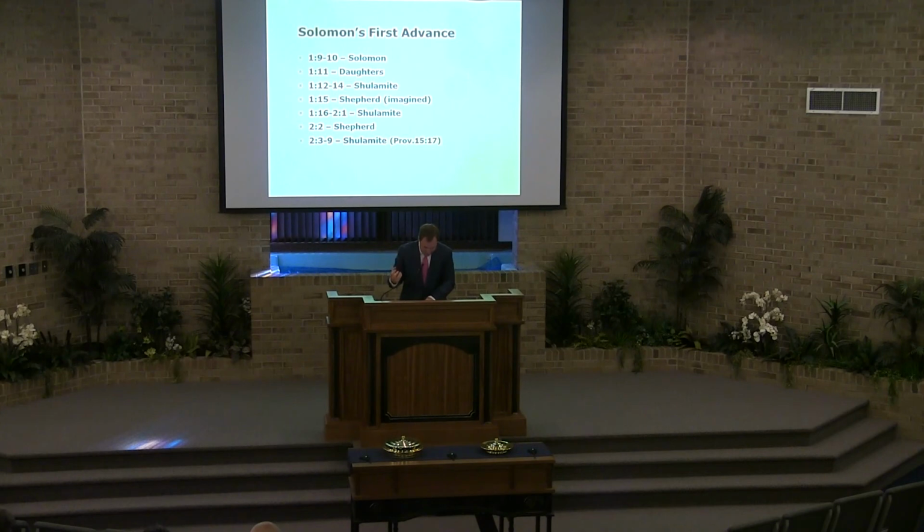Verse 4, "He has brought me to his banquet hall, and his banner over me is love." His banquet hall, in contrast to the dining room of Solomon that she's currently sitting in. Our banquet hall is outdoors among the rafters of cypress and the beams of cedar. She says, your banner over me was love.